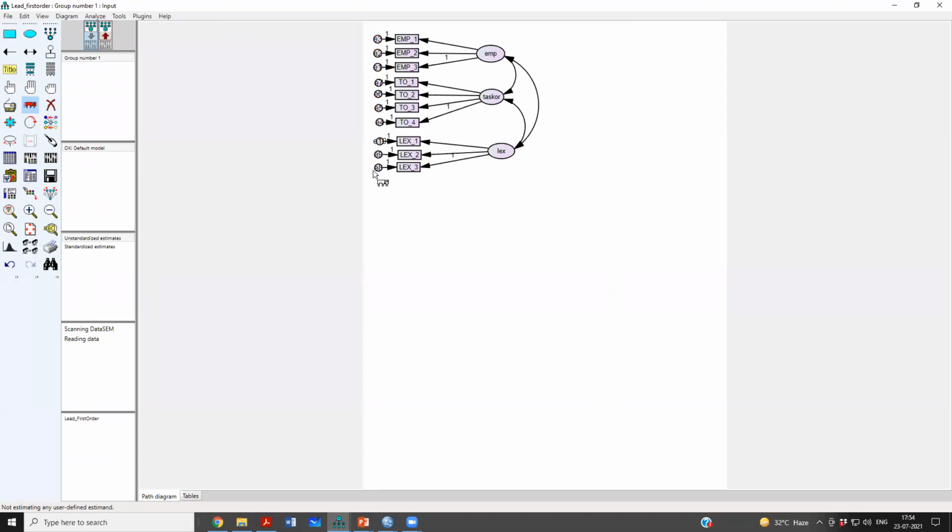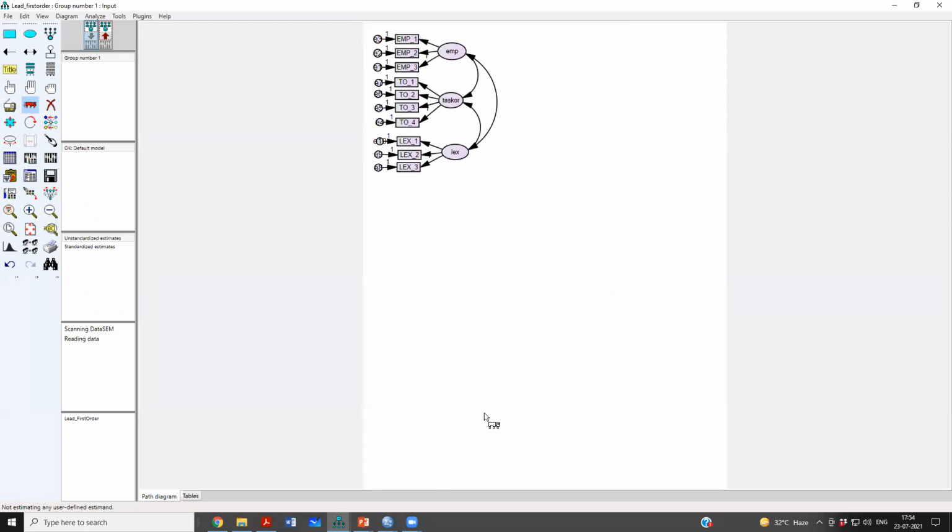Then there are 10 measurement errors, so that makes it 17. Then there are 3 covariances, 1, 2, and 3. So that makes it 20. And then we have 3 independent factors, right? So it becomes 23.